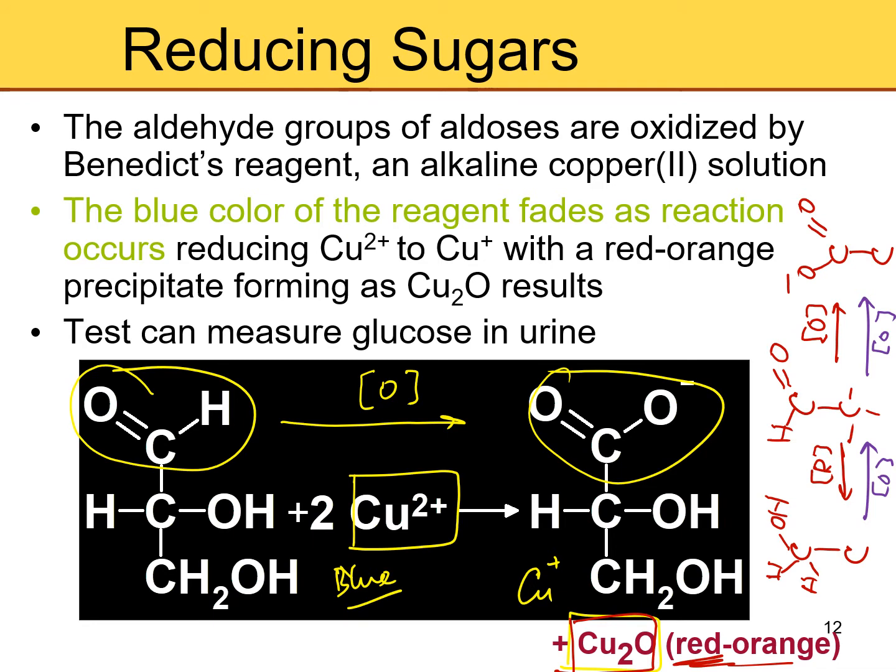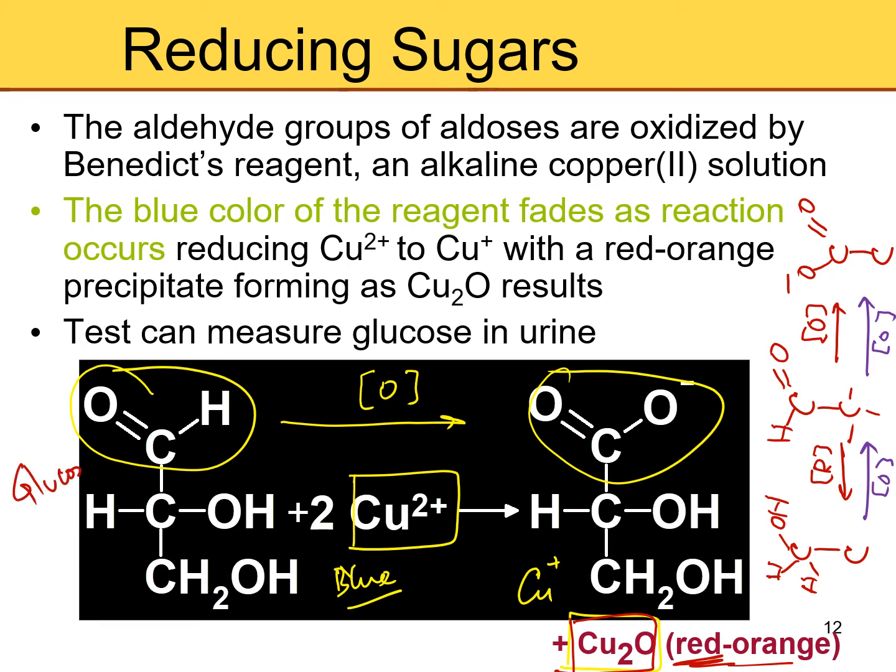Now, it turns out the most common aldehyde that you find in our body is basically monosaccharides, aldo sugars, right? Or specifically glucose. So glucose is found in the body a lot, and this is the primary aldehyde in our body, which is glucose, right?